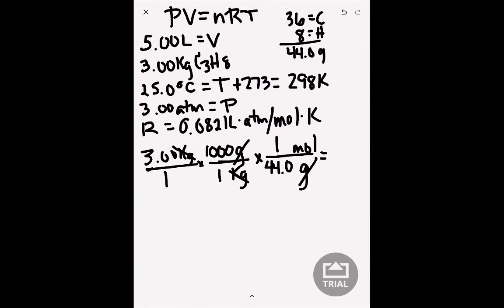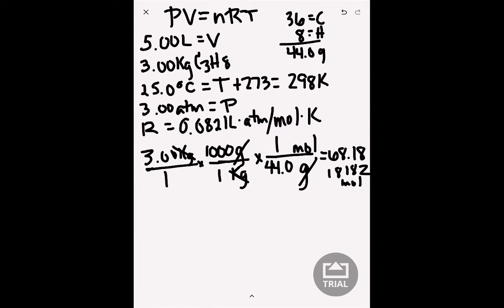Let's do 3 times 1,000, which is 3,000, divided by 44. And that gives me 68.181818. Basically, it's repeating, and that's moles.